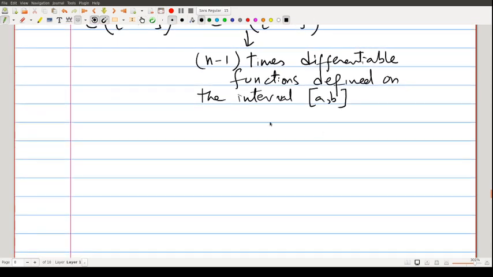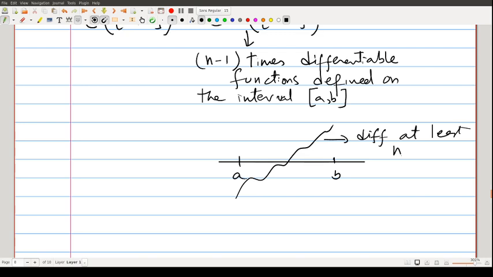So you have some interval [a, b] on which you have some function defined which is differentiable at least n minus 1 times.